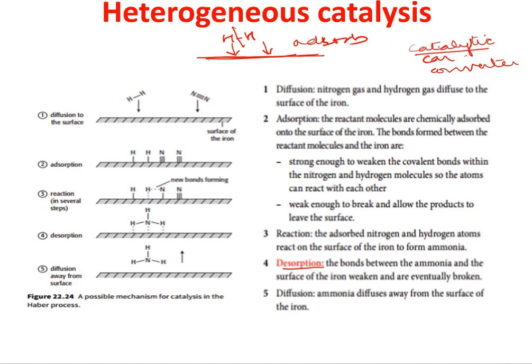There their bonds weaken, and rearrangement of the atoms takes place once the bonds break up and a new molecule forms. Then desorption takes place, and the newly formed gas molecules diffuse out. So these are the two examples, ammonia formation and the catalytic car converter, which are in your syllabus, okay? With this we finish off with catalysis.